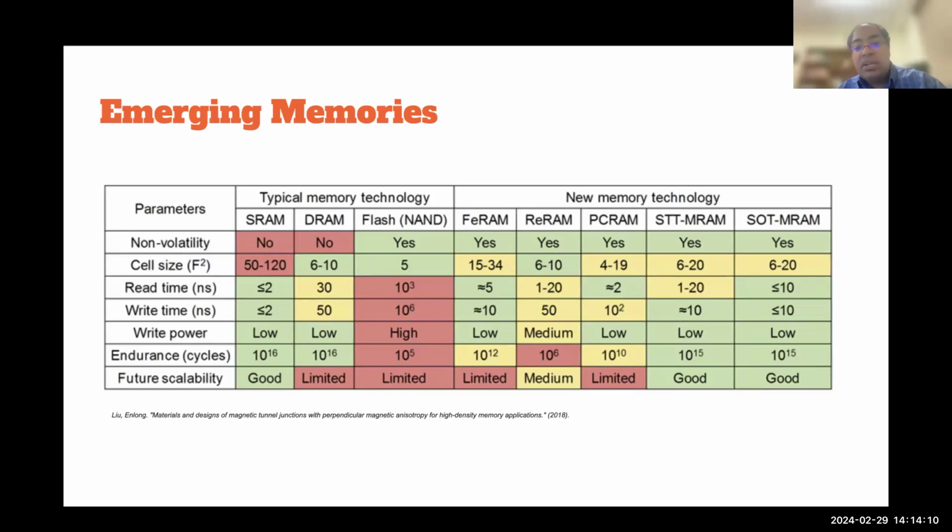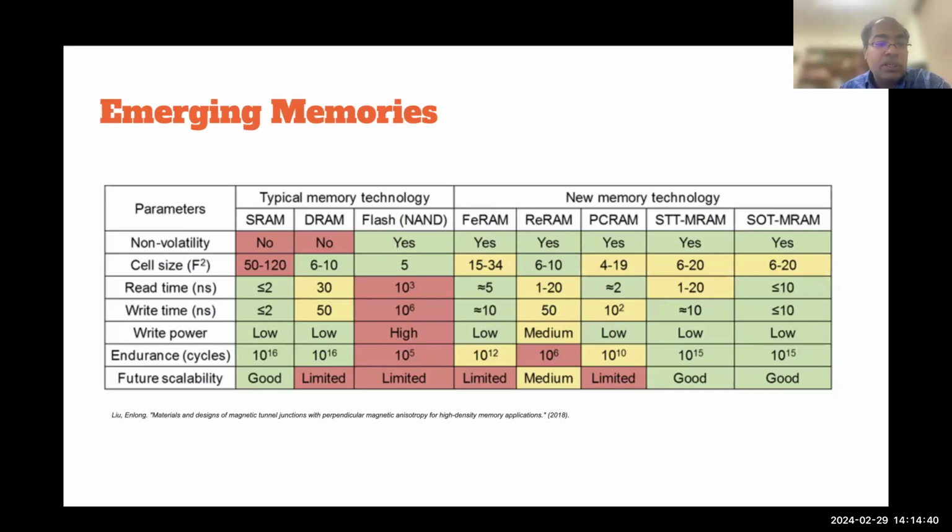Many different types of resistive memories have been proposed, both at an industrial scale as well as at lab scale. Some of these are already silicon proven, and many are in the pipeline. You can see these technologies also vary in terms of read time, write speeds, endurance, and so on.